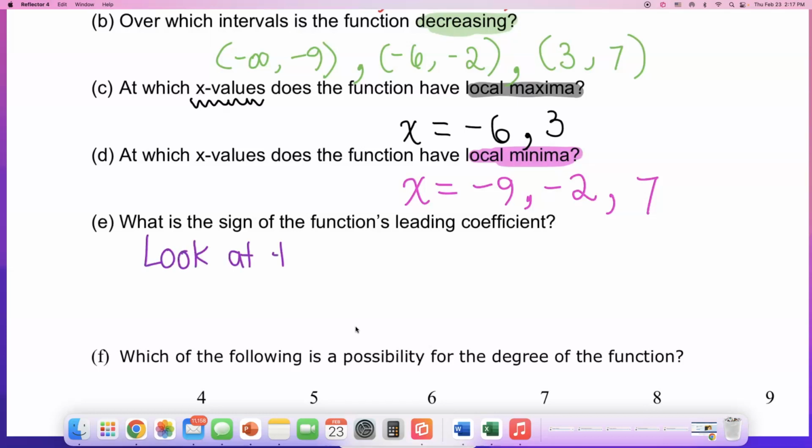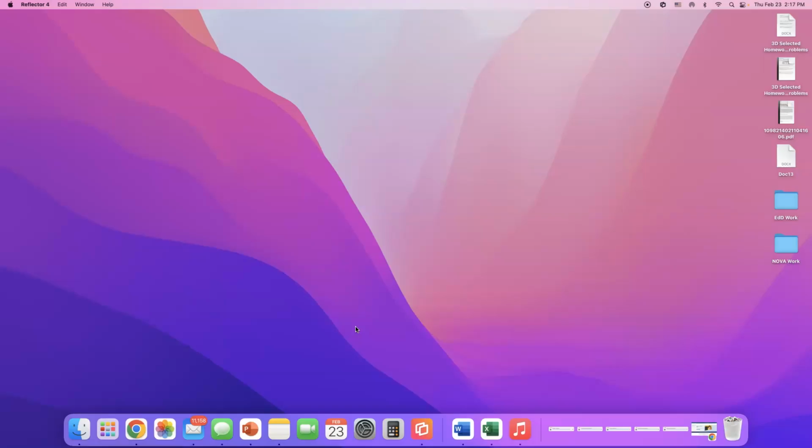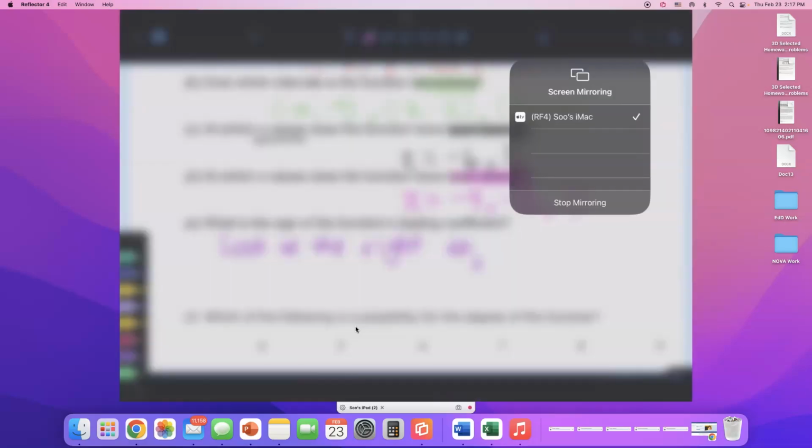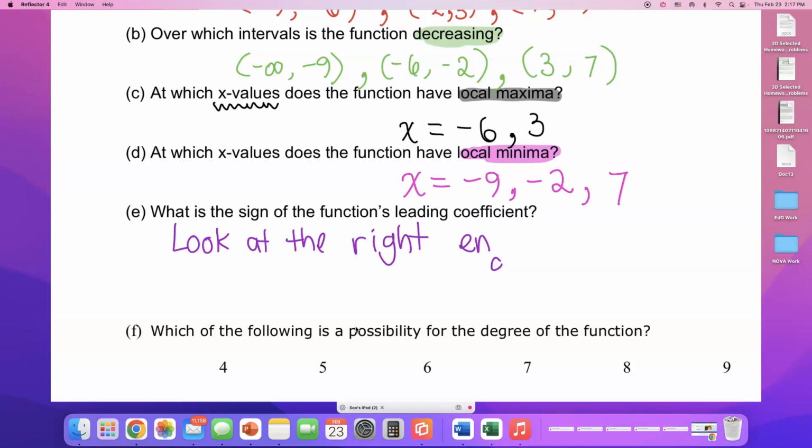So if you look at the right side of the graph, and if it's going up, then the leading coefficient is positive. If it's going down, then the leading coefficient is negative. Look at the right end behavior.